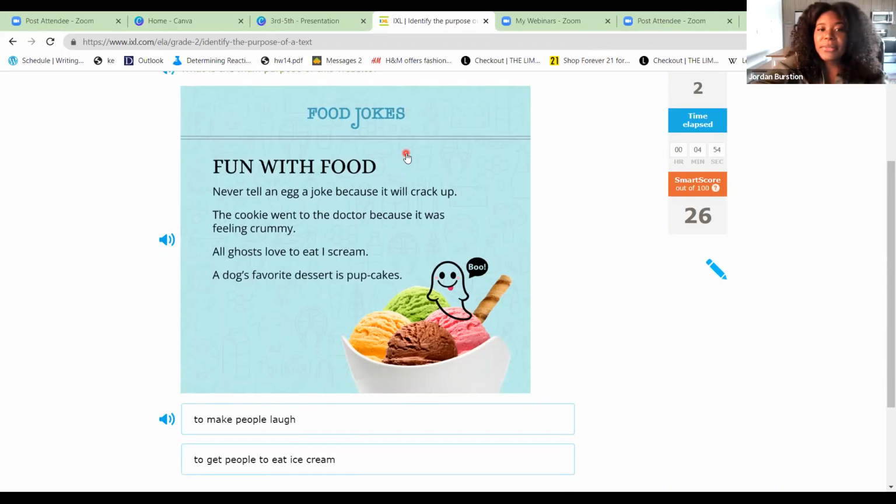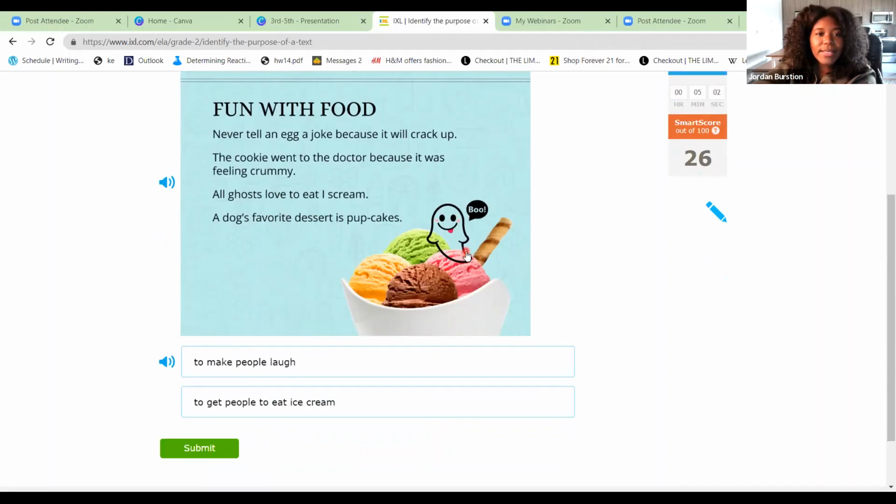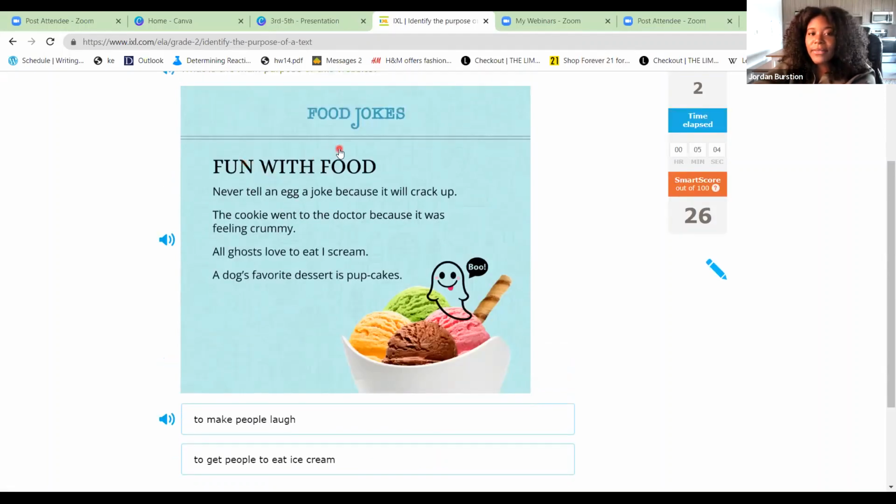So this poster right here says food jokes. Looks like we have some ice cream, a little ghost, and it's saying food. Okay, so this says fun with food. Never tell an egg a joke because it will crack up. The cookie went to the doctor because it was feeling crummy. All ghosts love to eat ice cream. A dog's favorite dessert is cupcakes.